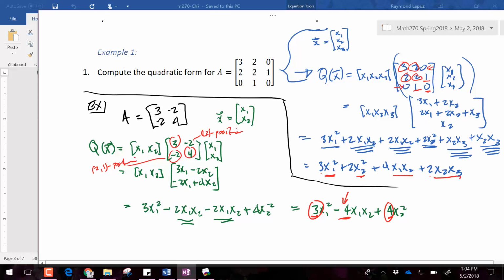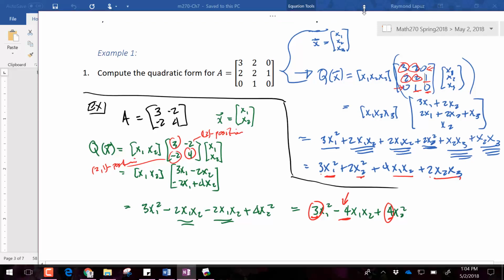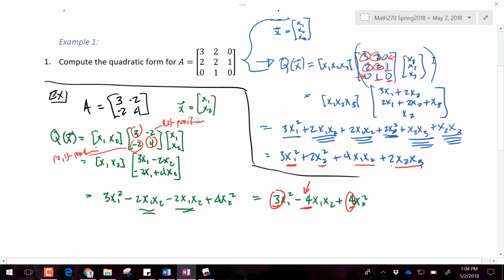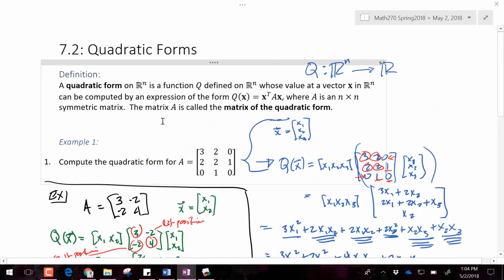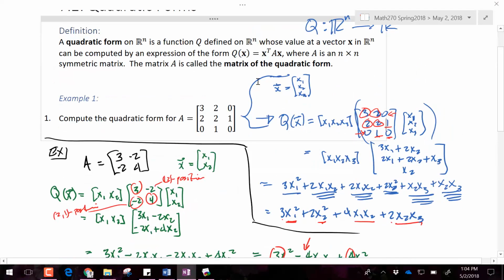Okay, yes. Oh, why are we doing this? We're doing this to try to identify a scalar function in quadratic form.